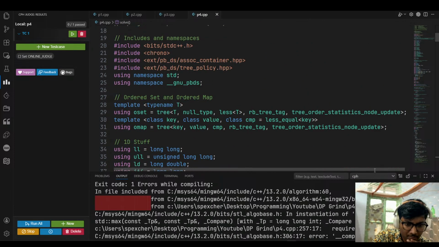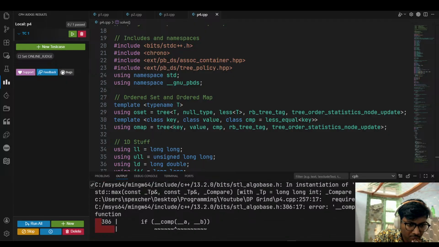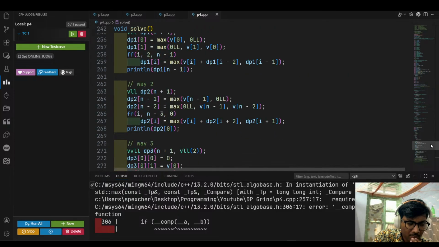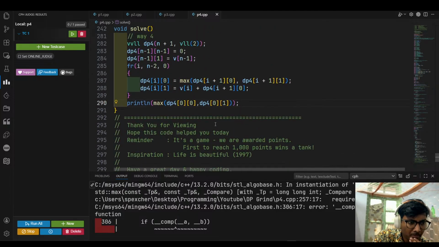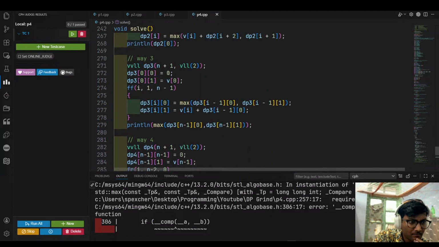Cannot compare long. Maybe some comparison error. Maybe 0 LL.